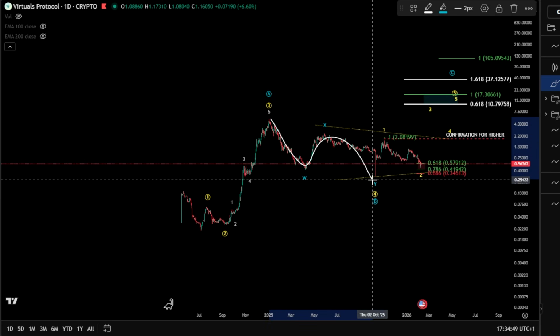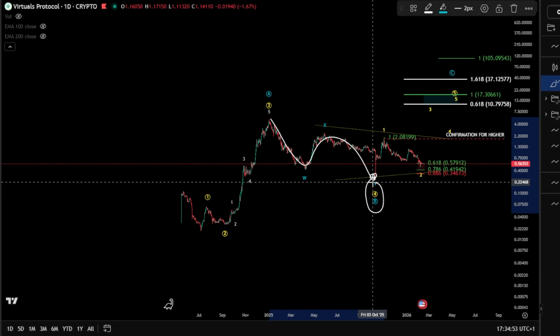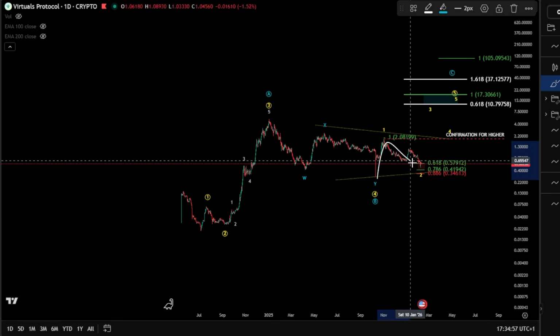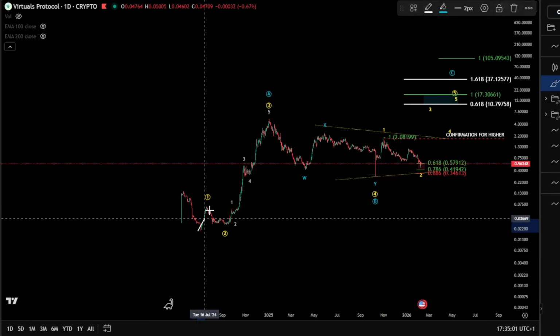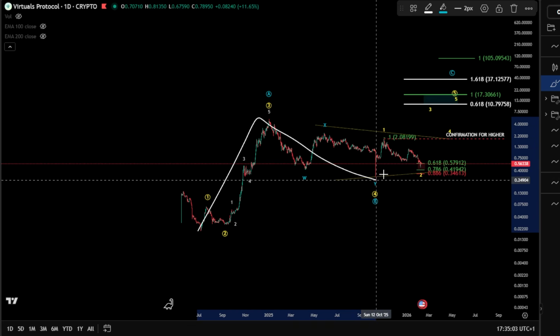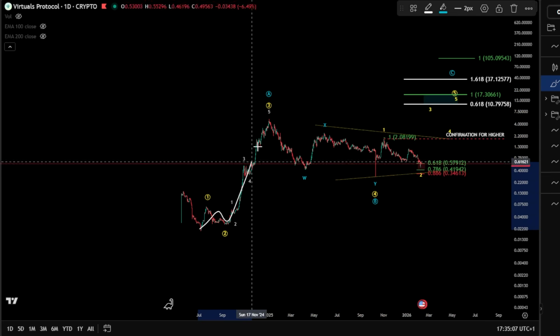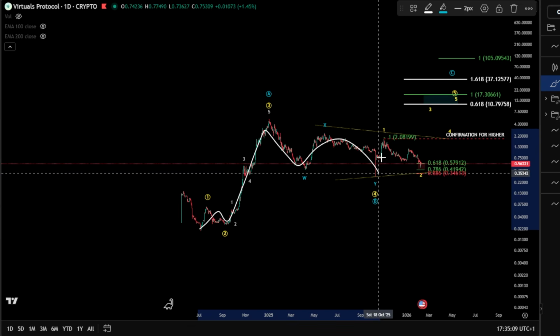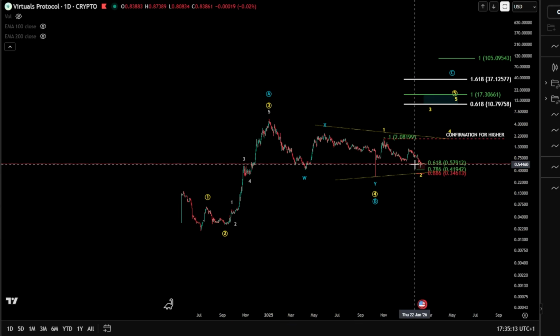It can be that this correction has already finished, WX and a Y, for a wave 4 or for a wave B, and we are looking at a 1, 2, 3, 4, and a 5 in both scenarios. If you are in a wave A, you're looking for wave B and a wave C to unfold toward the upside. In case you are in 1, 2, 3 and this is your wave 4, the wave 5 has to be an impulse also toward the upside.